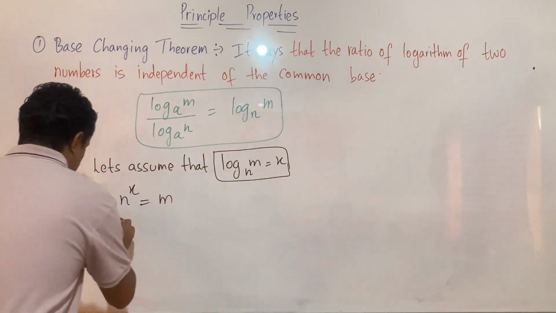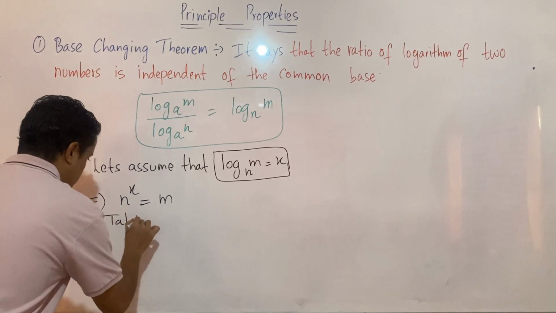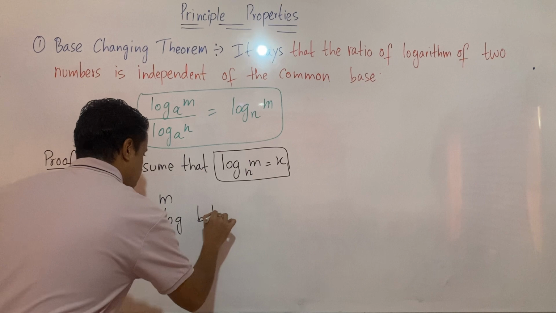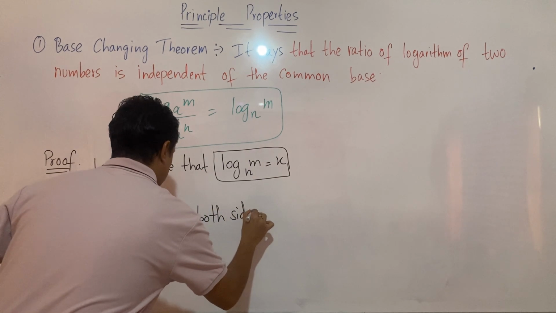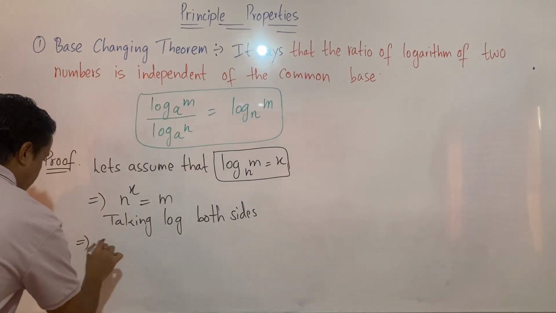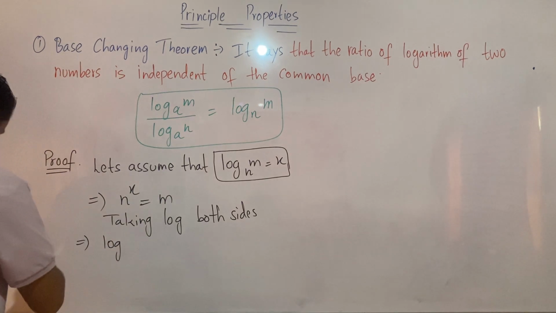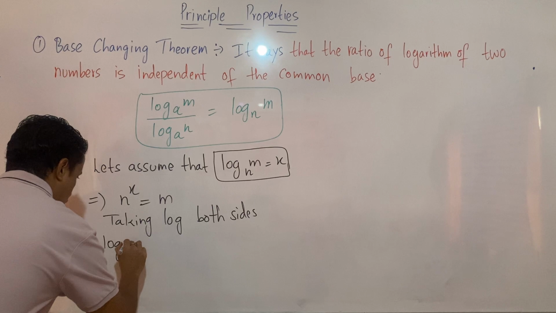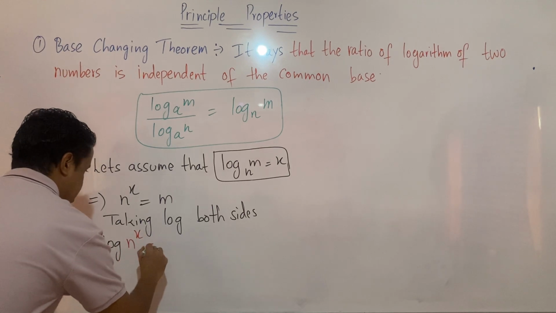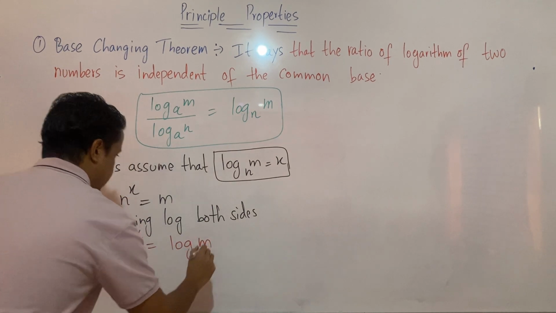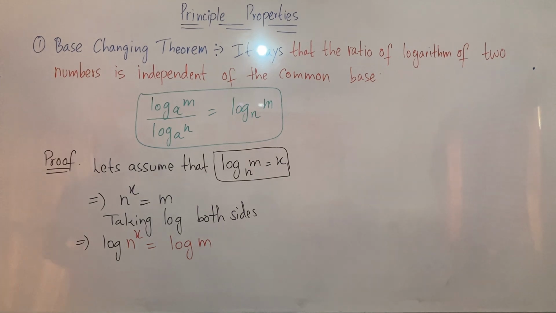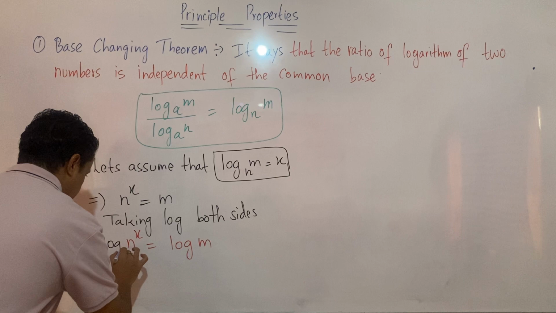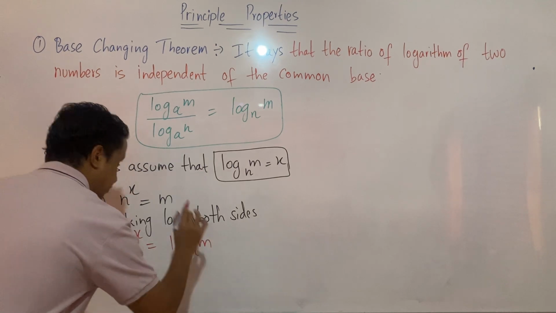So taking log on both sides, what would you get? Log of n raised to exponent x equals log m, and here we can take the base as a.